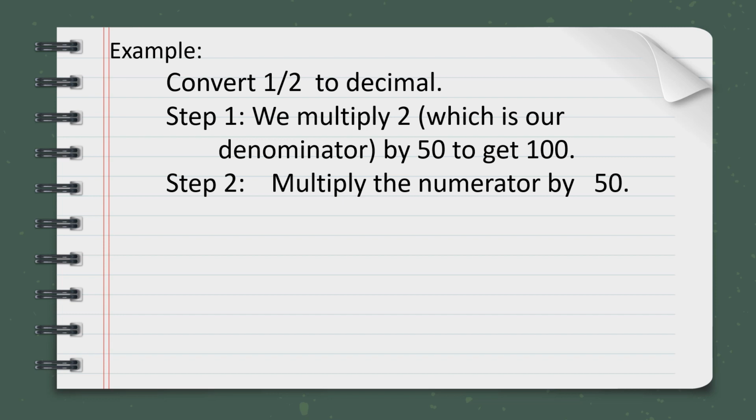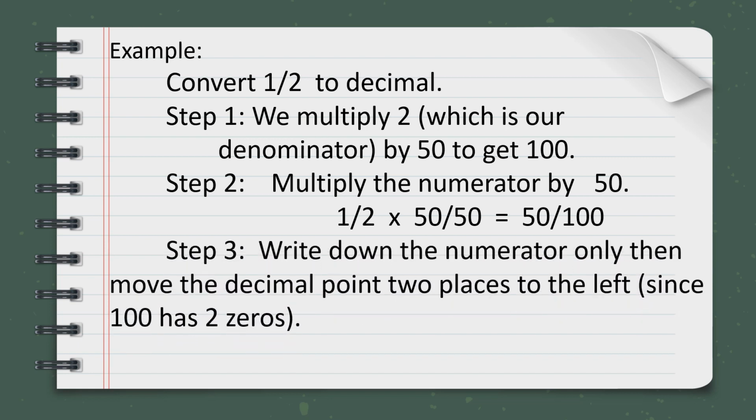Step 2. Multiply the numerator by 50. Since we multiplied our denominator by 50, we will also multiply our numerator by 50. So we get 1/2 times 50 over 50 is equal to 50 over 100. Step 3. Write down the numerator only.